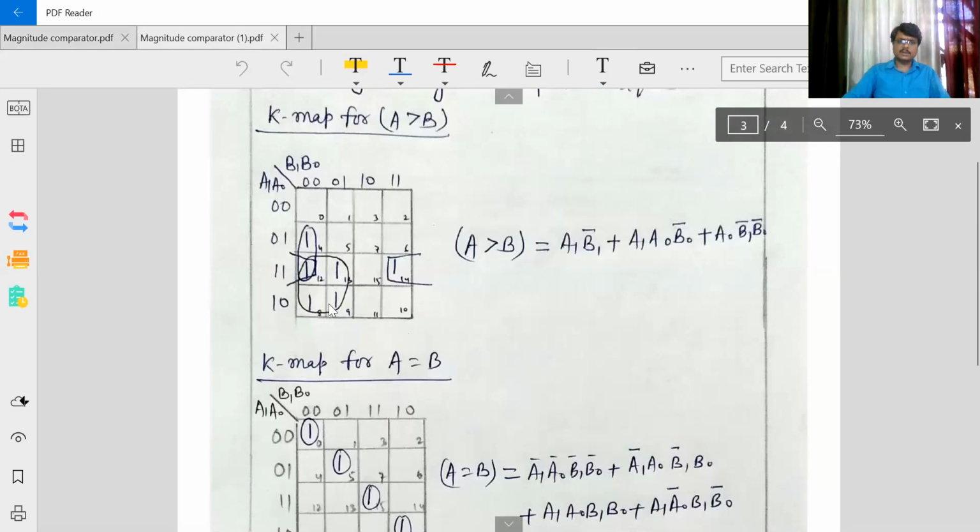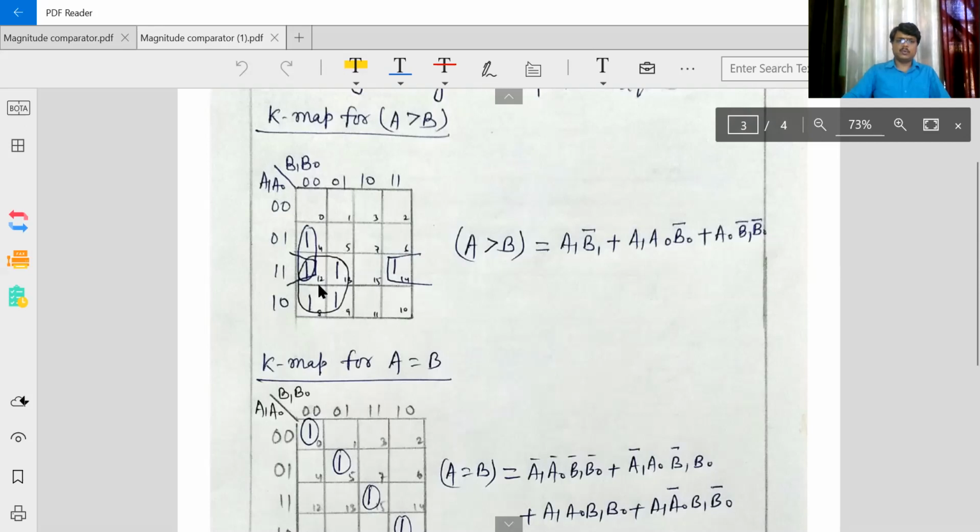So this is 8 and this is 9. Likewise, we can fill all other components. And so I have filled 4, 8, 9.